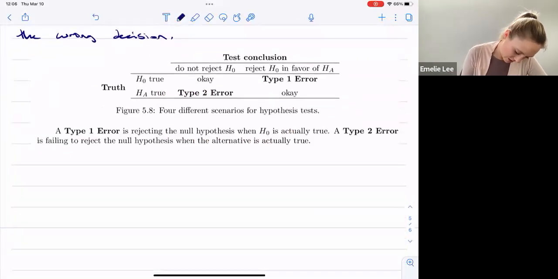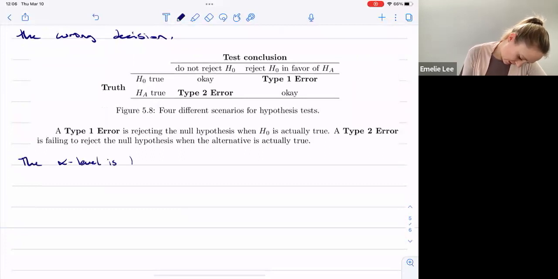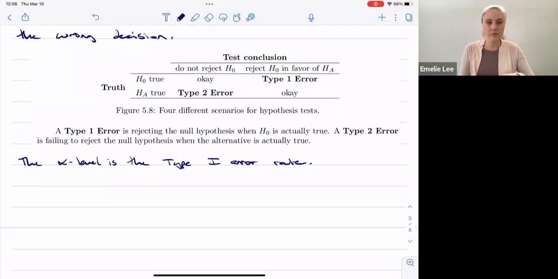Okay, and so the alpha level is the type 1 error rate, right?